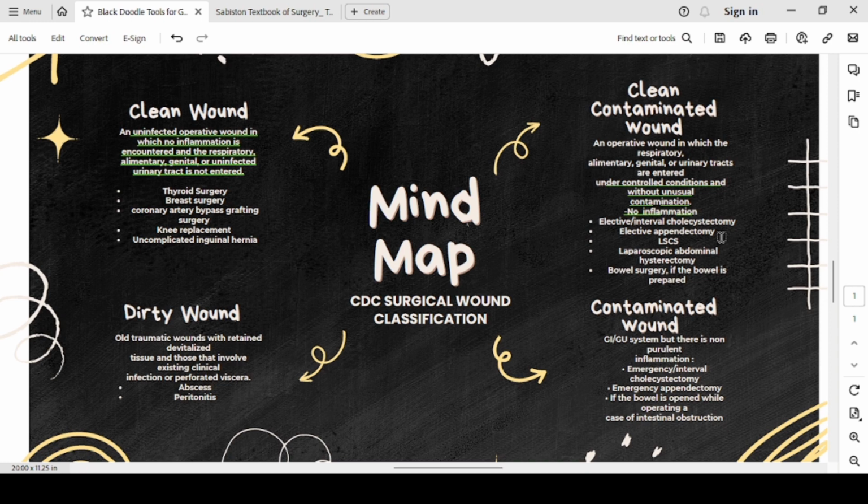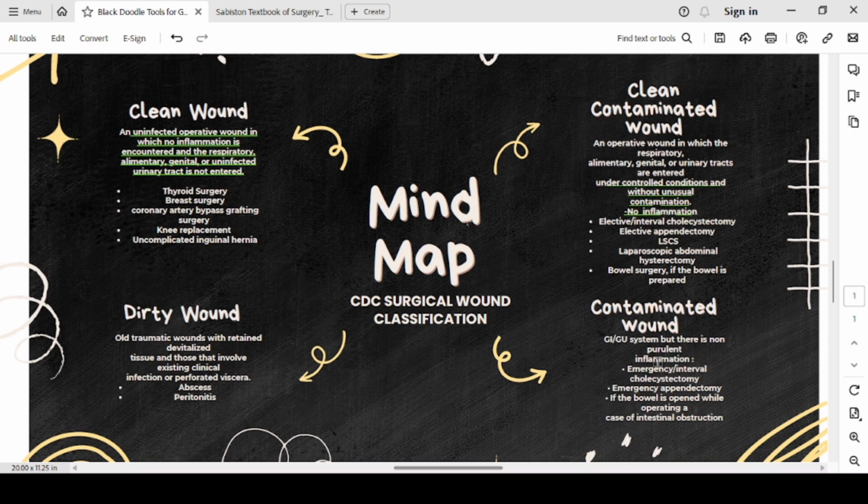And in this surgery, what we're dealing with is a clean contaminated wound. So these are the examples: elective or interval cholecystectomy, elective appendectomy, LSCS, lower segment cesarean section, laparoscopic abdominal hysterectomy, bowel surgery if the bowel is prepared. That is our type 2 wounds, which is clean contaminated wound.